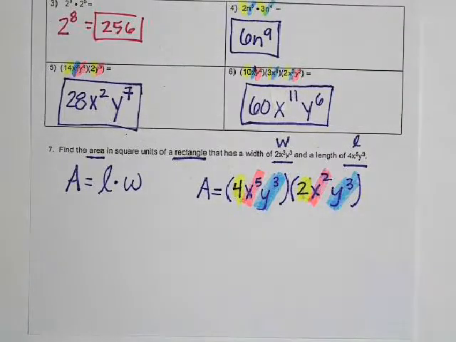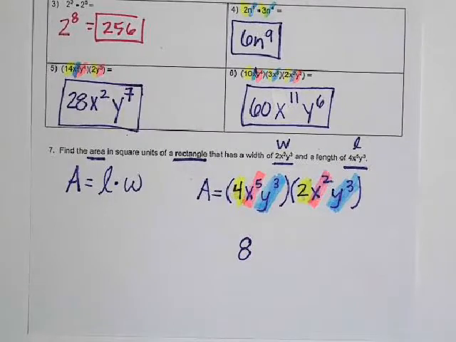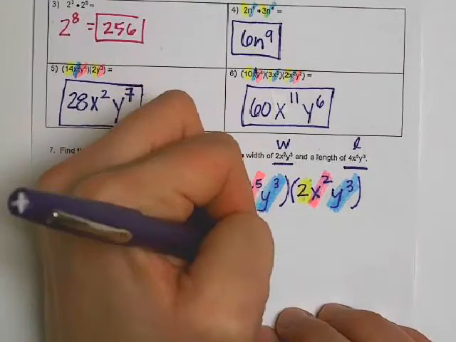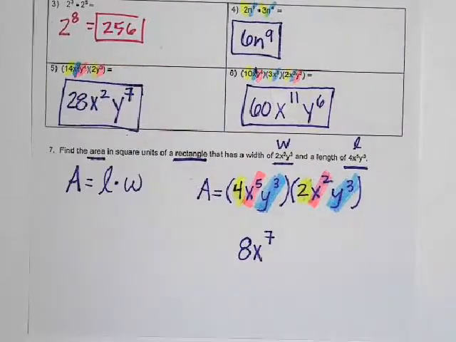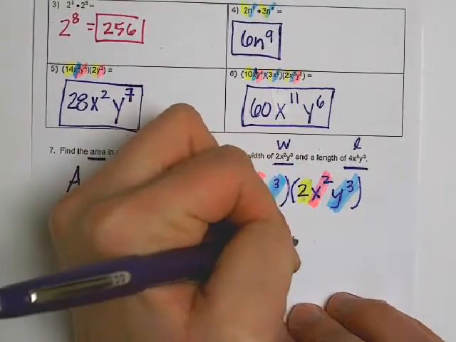All right. What do we do with our yellows or our big numbers? 2 times 4 is 8. What do I do with the X's? 5 plus 2 is X to the 7th. Make sure you don't forget that X. Then I've got Y's. 3 plus 3 is 6.